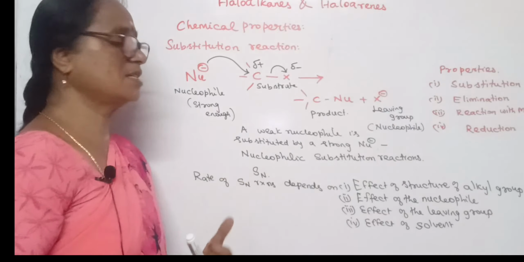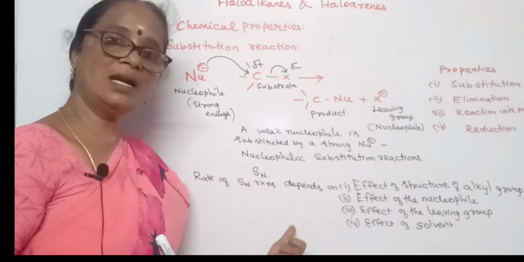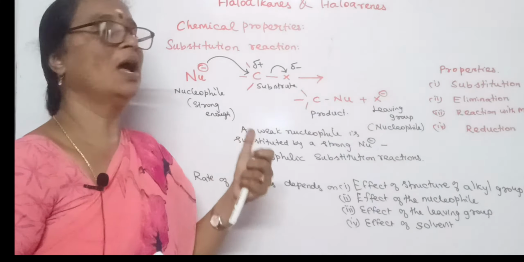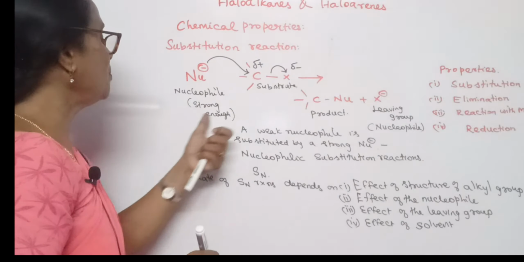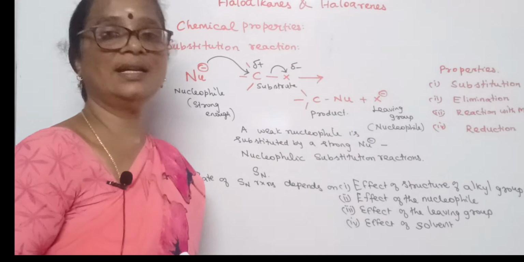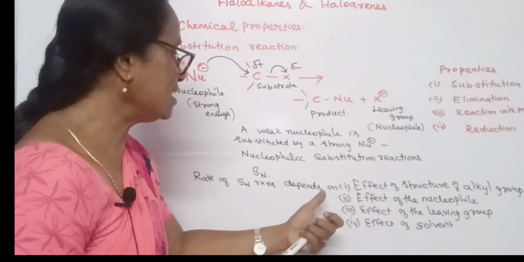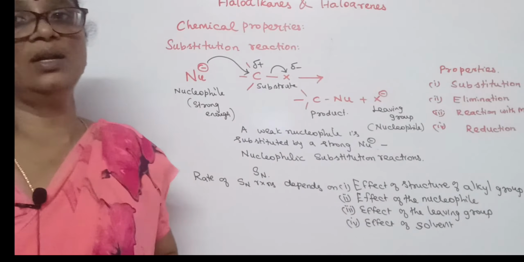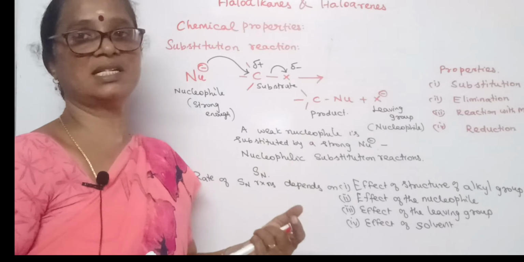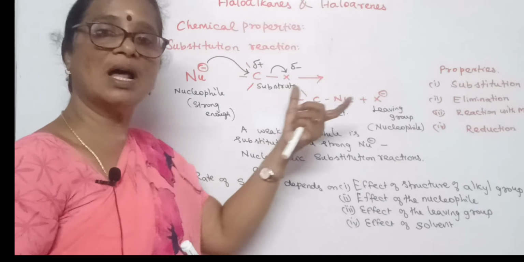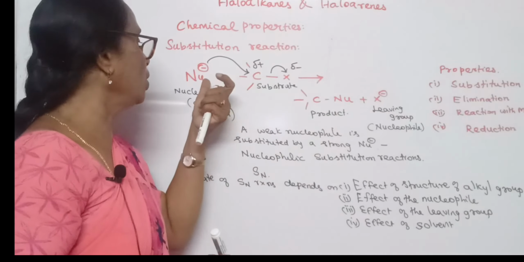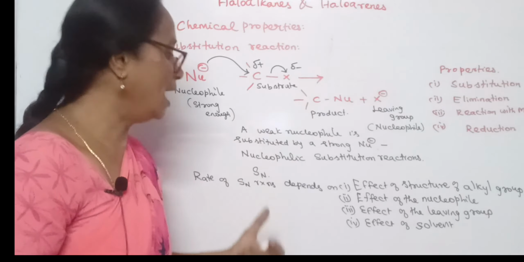These nucleophilic substitution reactions depend on the effect of the alkyl group, that is the R group, the effect of the incoming nucleophile, the effect of the leaving group, and the effect of solvent. The alkyl group may have a primary, secondary or tertiary structure, so when the number of alkyl groups increases, that influences the reaction.